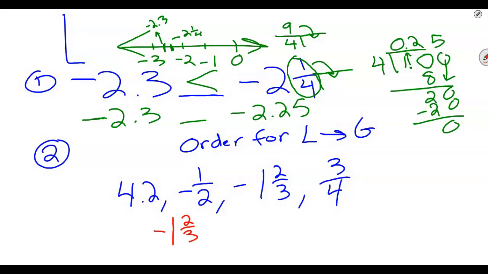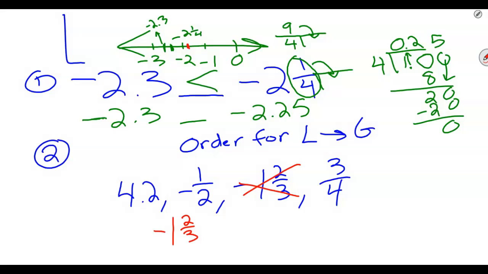Between what two whole numbers does -1 2/3 fall between on a number line? Skylar. Good. -2 and -1. We have -1 2/3. It would fall in between -1 and -2. None of these numbers are farther left than that.